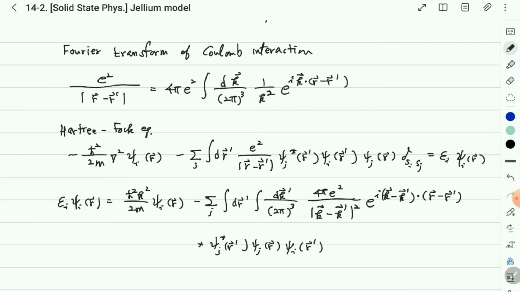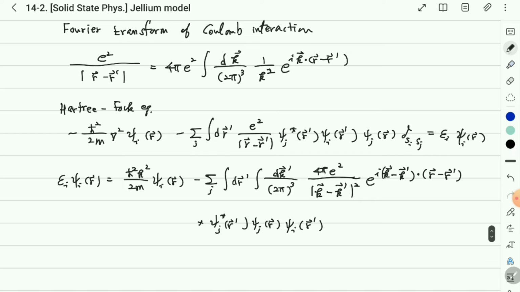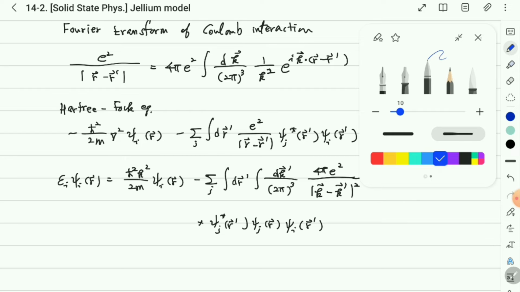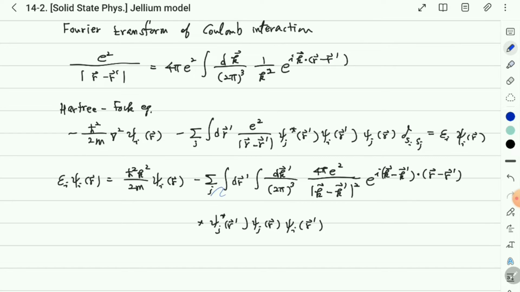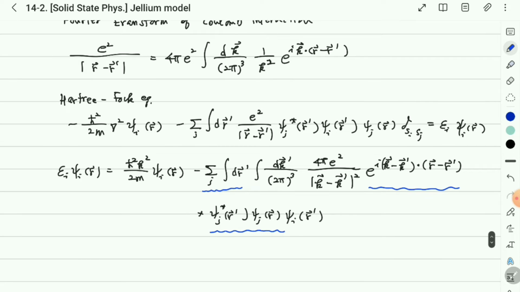From the r prime integration, with the extended states and psi_j, the summation over j gives orthogonality.